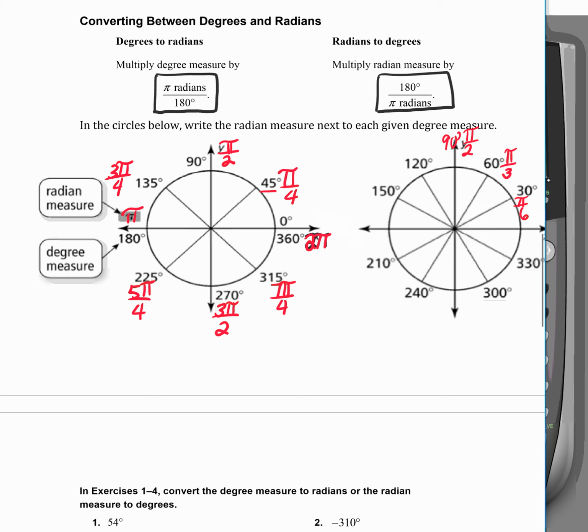Then 3 pi over 6 for 90 degrees, which simplifies. 4 pi over 6 simplifies to 2 pi over 3. 5 pi over 6, which does not simplify. 6 pi over 6 simplifies to just pi. 7 pi over 6 will be my next one at 210. 8 pi over 6 simplifies into 4 pi over 3.